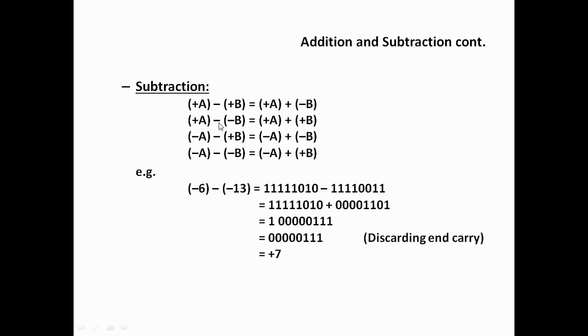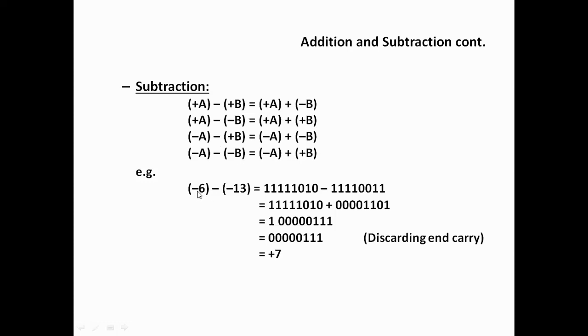Every minus operation is converted to a plus operation accordingly. So the computer converts every subtraction operation into an addition operation. Okay, let us take examples for each. Let us take an example for this case.